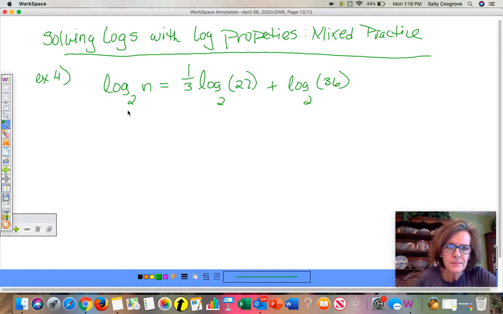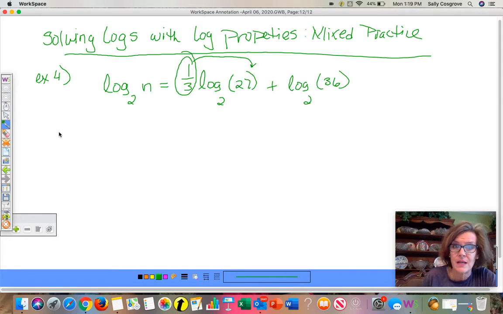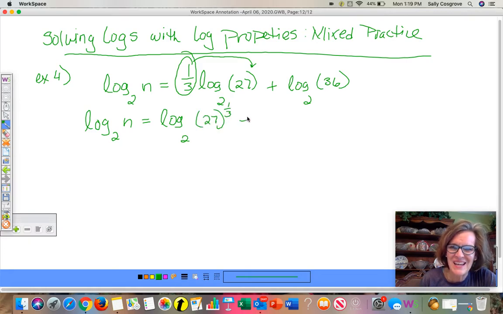So this is going to be a 1/3 power. So log base 2 of n equals log base 2 of 27 to the 1/3 power, plus log base 2 of 36.